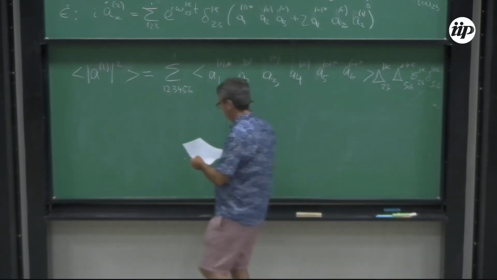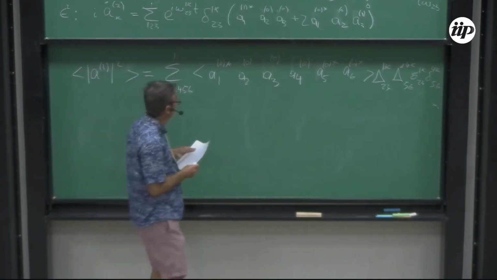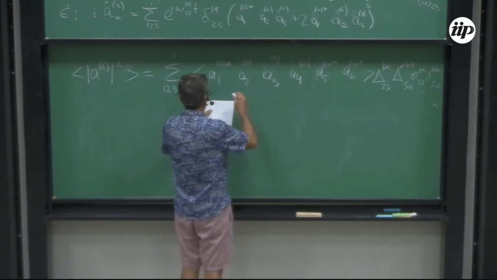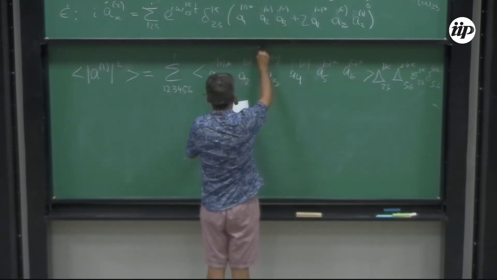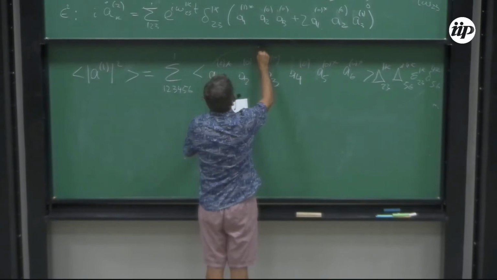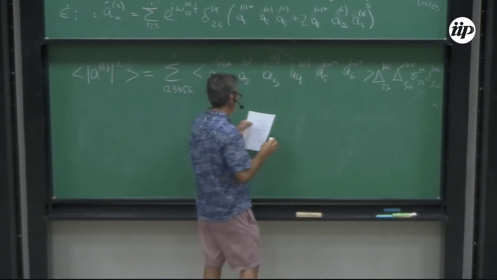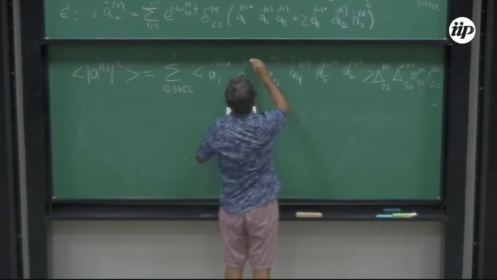Okay. So, as I told you, we have to do the pairing. And so in this case, there are two pairings, right? So A1 can be paired with A4. B2 can be paired with 5.